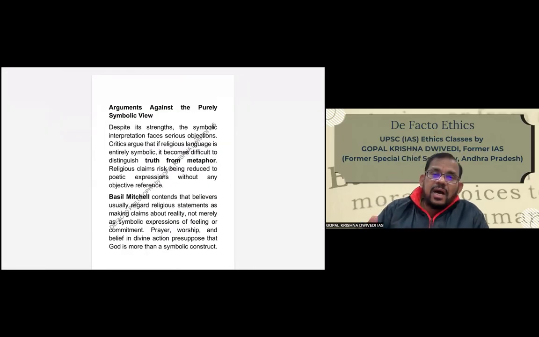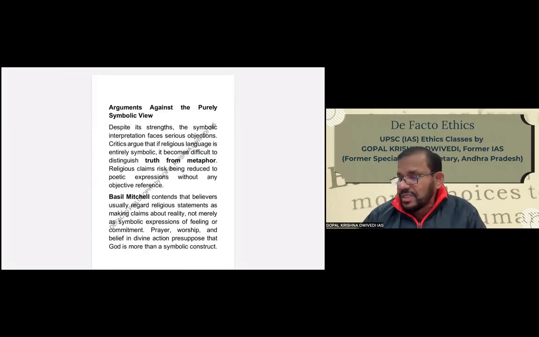Now, what are the arguments against the purely symbolic view? Let us see that also. Symbolic interpretation, as we have seen in the previous subtopic, has serious objections. Critics say that if religious language is entirely symbolic, it becomes difficult to distinguish truth from metaphor.